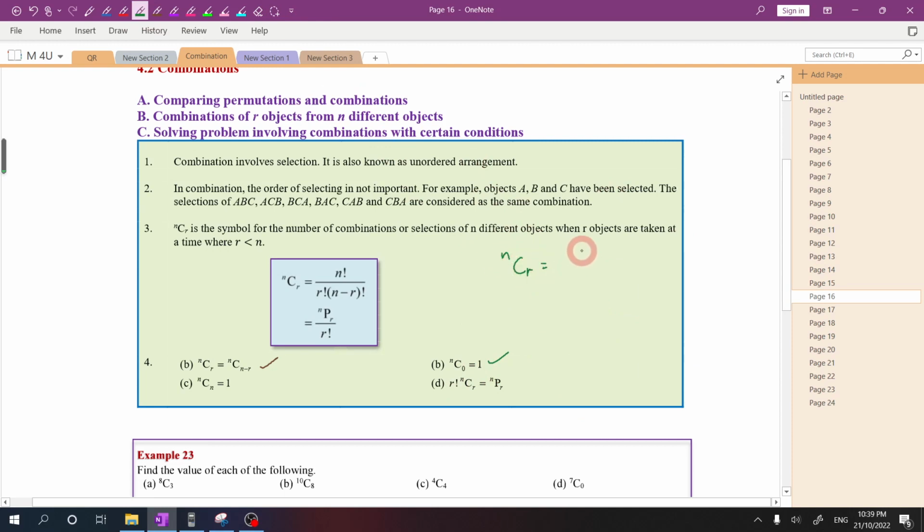nCr is actually equal to n factorial over (n minus r) factorial times r factorial, right? Okay, so now let me move this whole thing up first. Or how about I write this first?